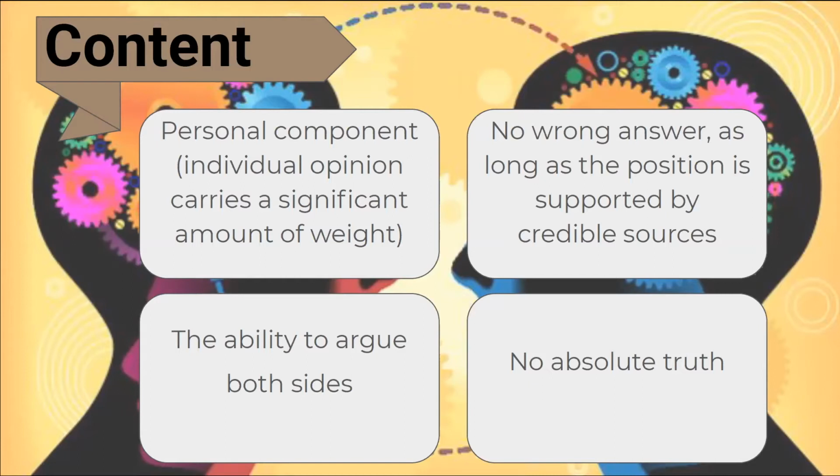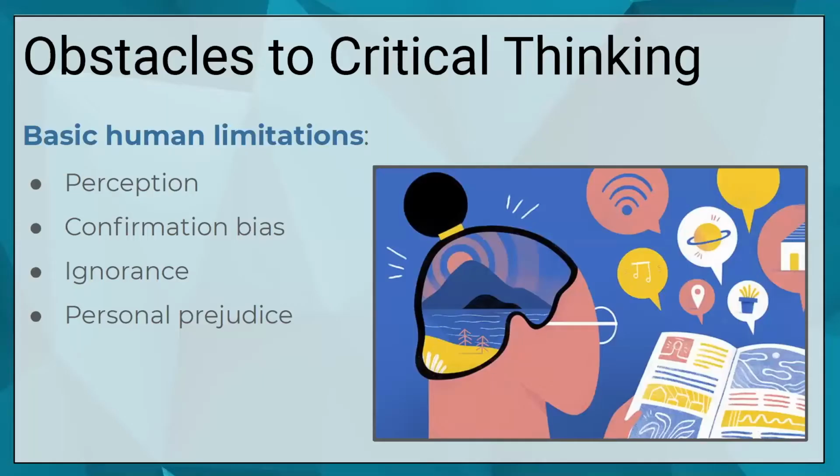In the arts, everything is negotiable, and what is considered to be true now, or a convincing argument, might not be a convincing argument a few years later or a few decades down the line. So moving on to the next part, namely different obstacles to critical thinking.